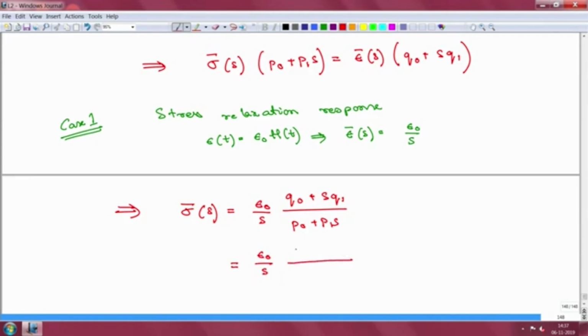We will try to write it as S plus Q naught by Q1, and now I am going to try and get to a simple rational function format for this. I just divided here by Q1, so I multiplied by Q1 here and multiplied by P1.